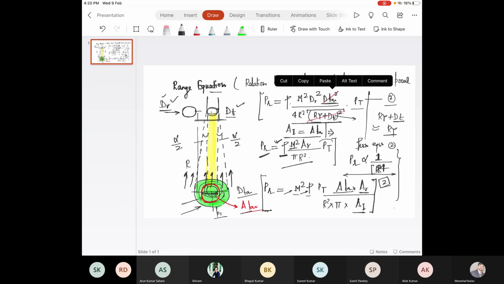So for the same PT, all other parameters are same, the power received at the receiver will be less. Try to see this equation and let me know if you have any other conclusion. Do the analysis, we'll have a discussion.